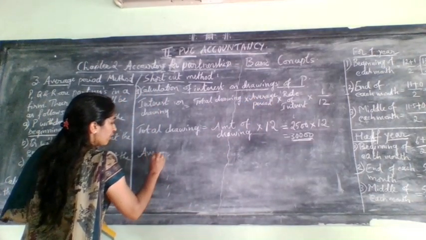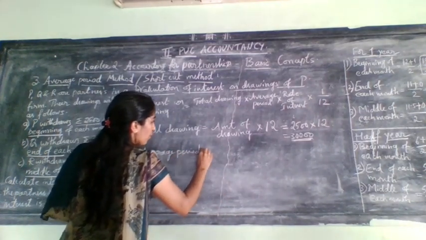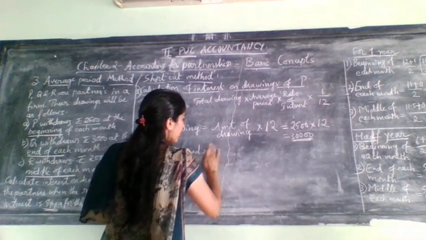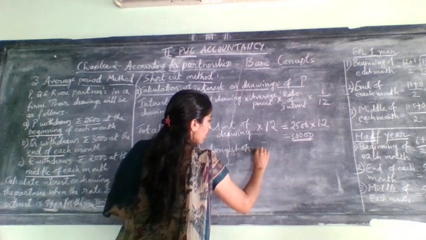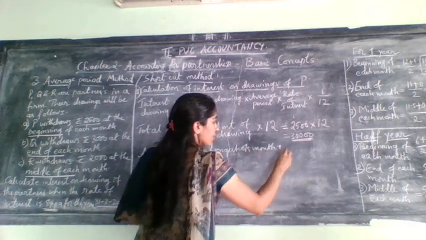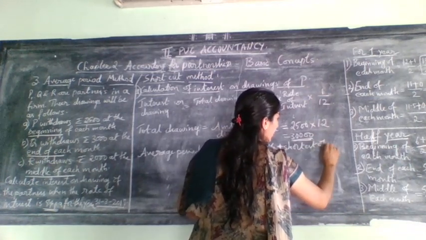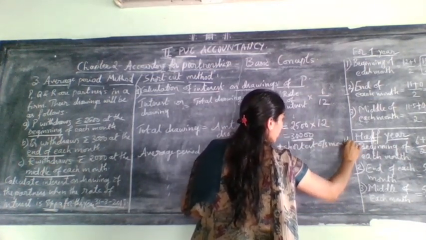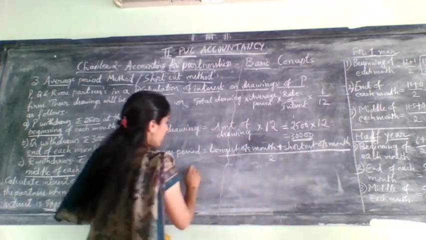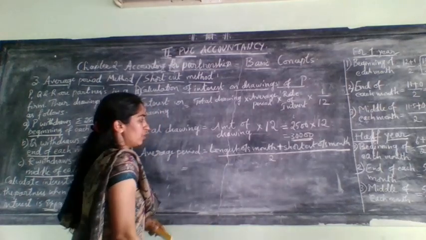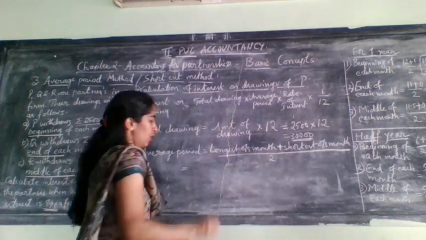Next you need to find out the average period. What is the average period formula? Longest outstanding month plus shortest outstanding month divided by 2.